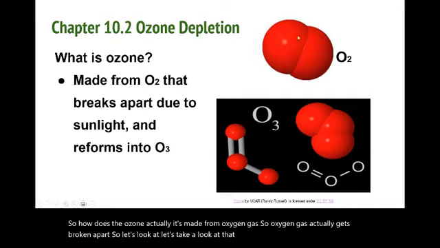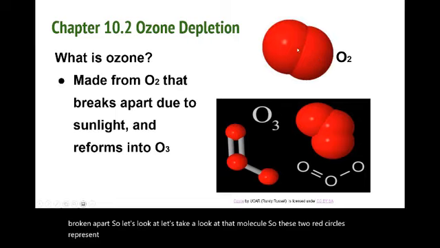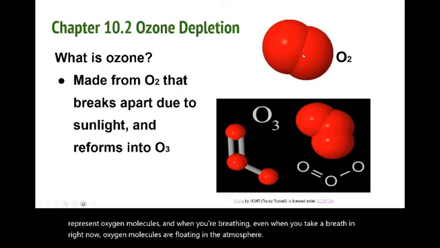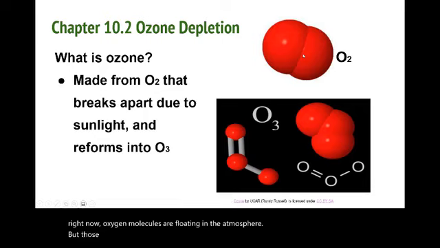So these two red circles represent oxygen molecules, and when you're breathing, even when you take a breath in right now, oxygen molecules are floating in the atmosphere. But those oxygen molecules actually get ripped apart and they rearrange themselves.